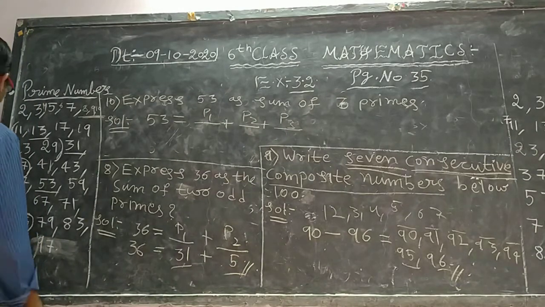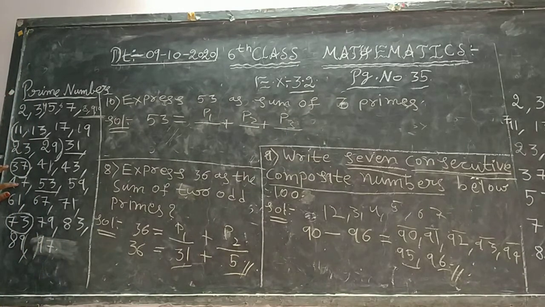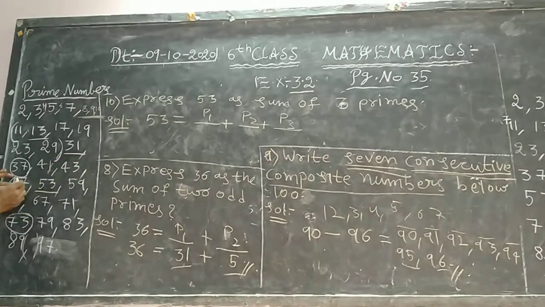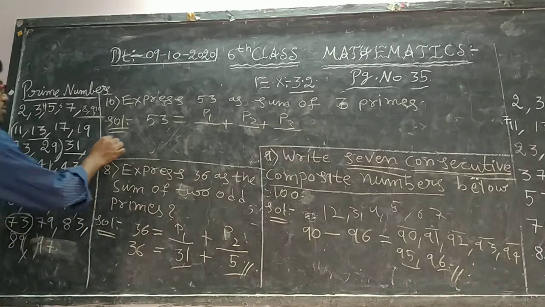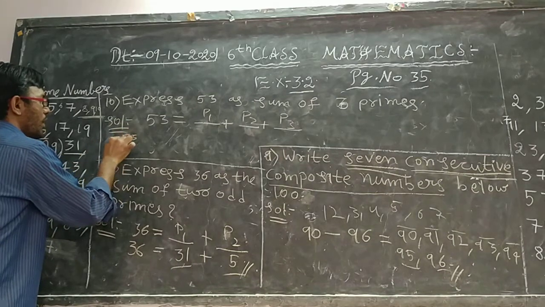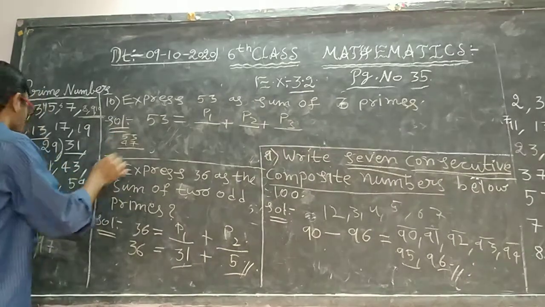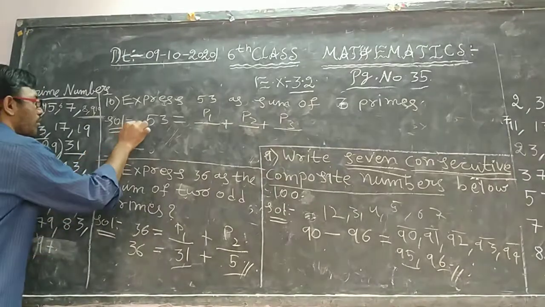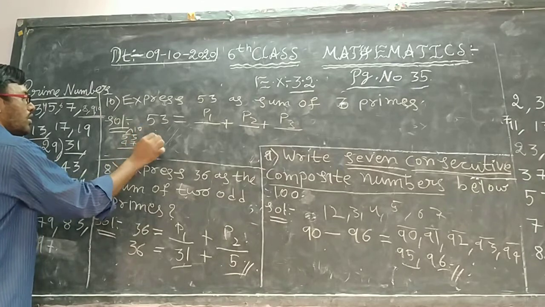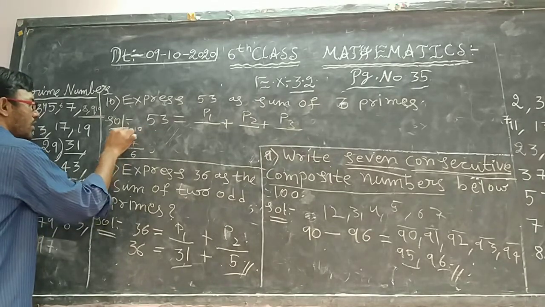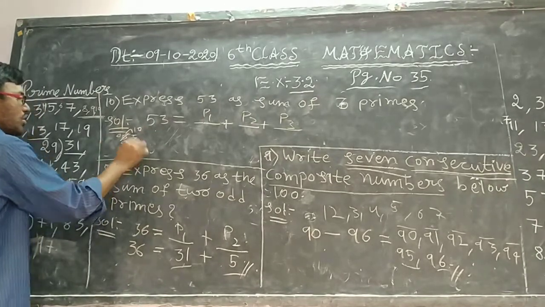See children, 47 and 59. 59 we are not supposed to take, so below 53 only we are supposed to take. 47 plus how much is equal to 53? That means we do 53 minus 47, and the answer is 6 only.